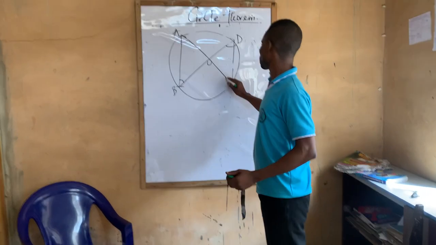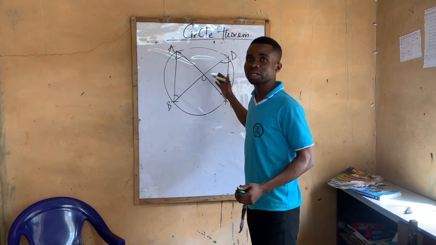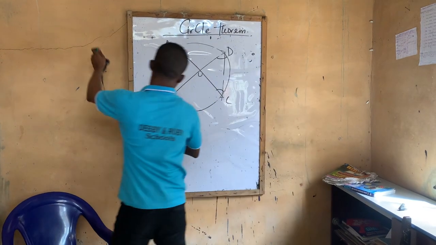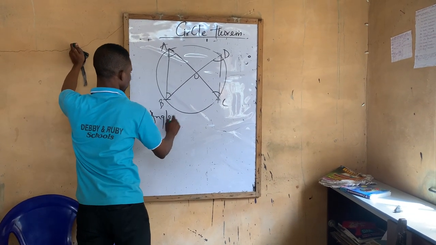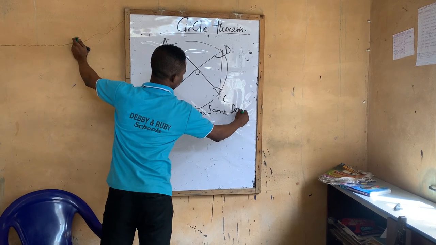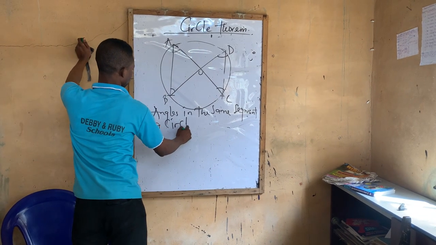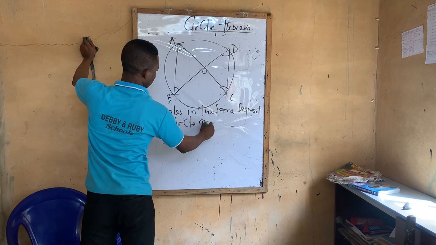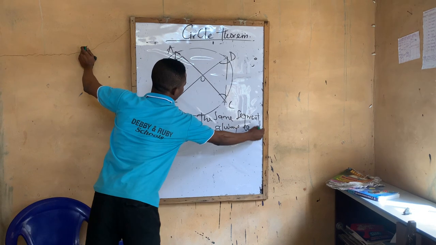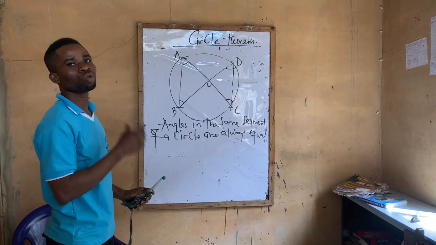So all the angles in the same segment of a circle are always equal. Angles in the same segment of a circle are always equal.